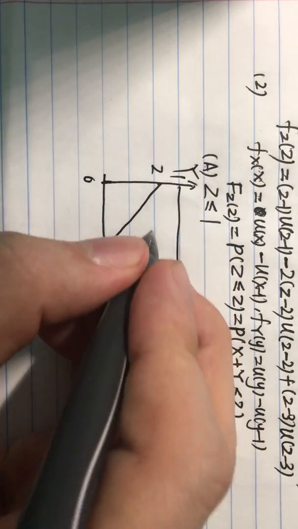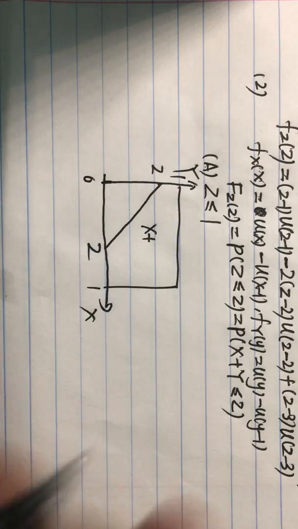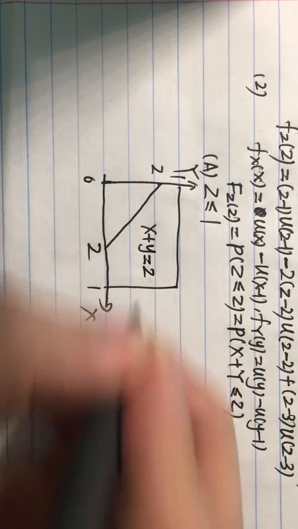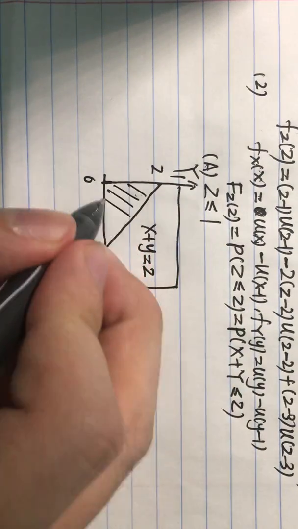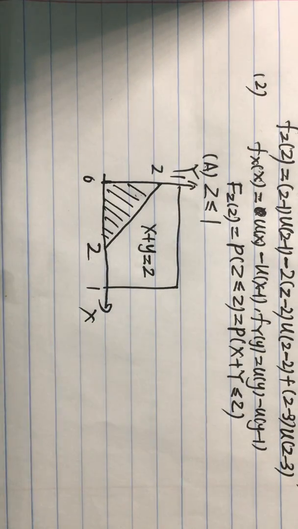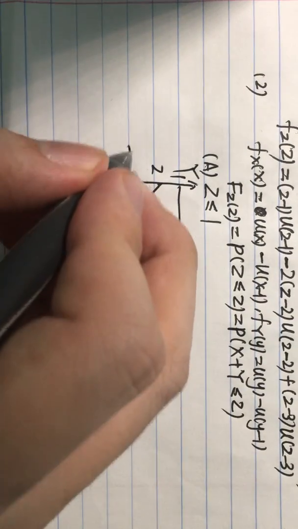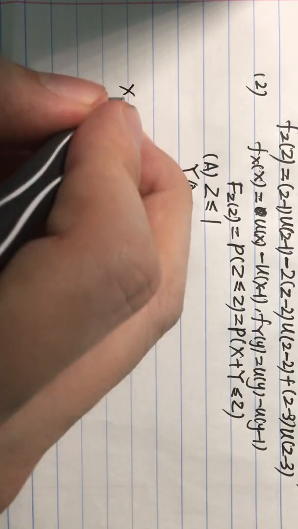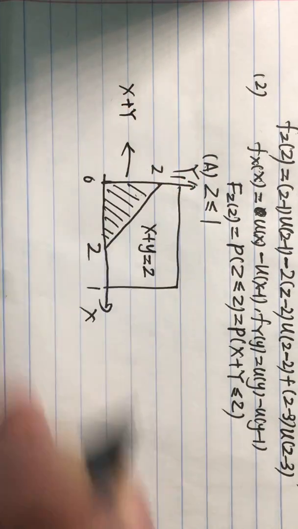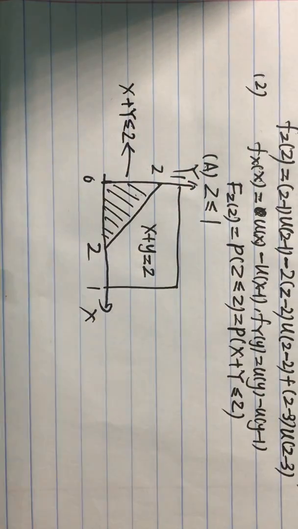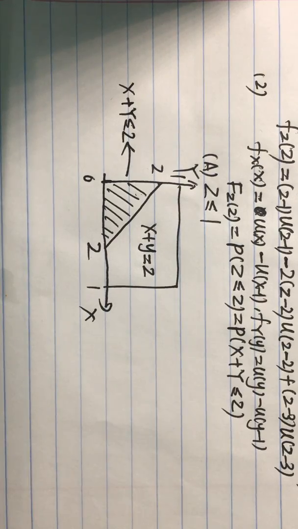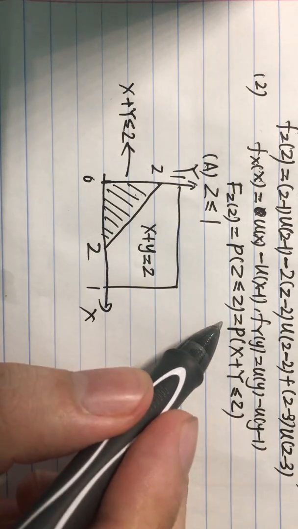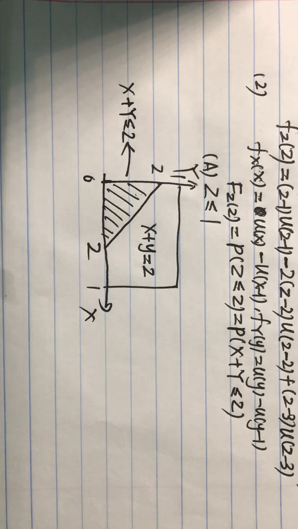This line is x plus y equals z. So this region represents x plus y smaller than z, which is what we need to find out.